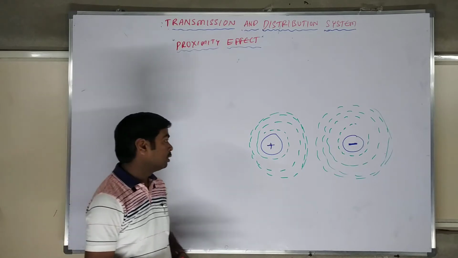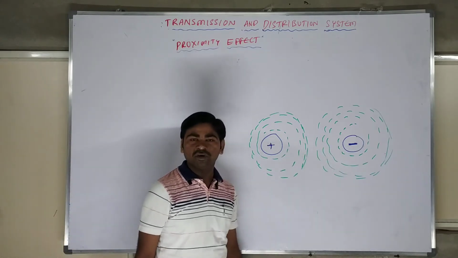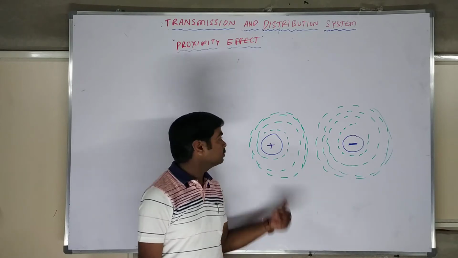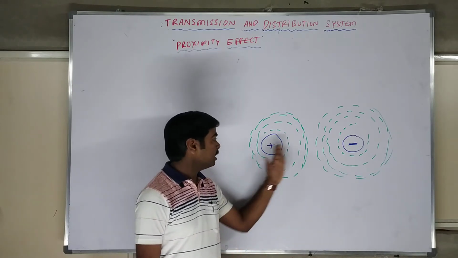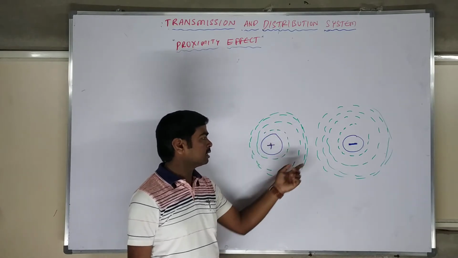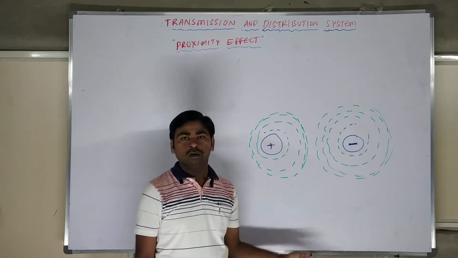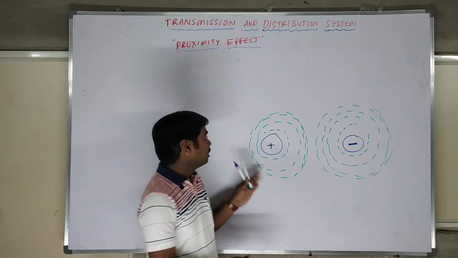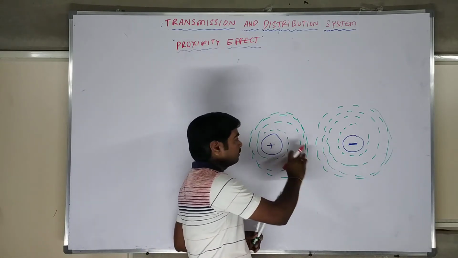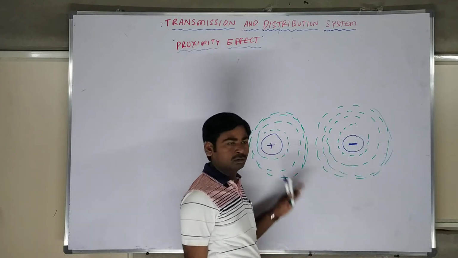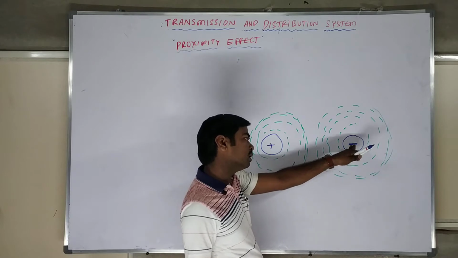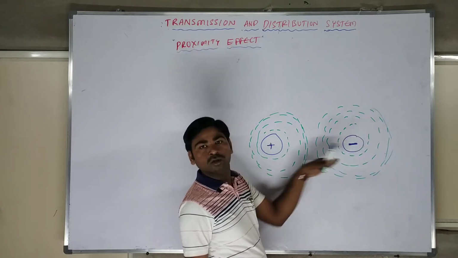Whenever two different conductors possess different magnetic fields, positive in this direction and negative in this direction, the current flowing through the positive conductor will be attracted towards the negative, and the negative current-carrying conductor will be attracted towards the positive.